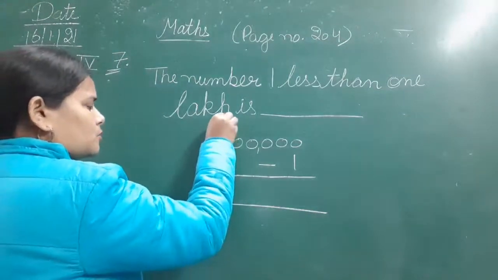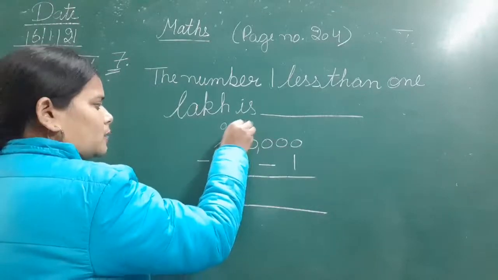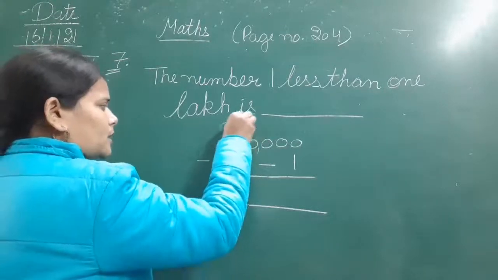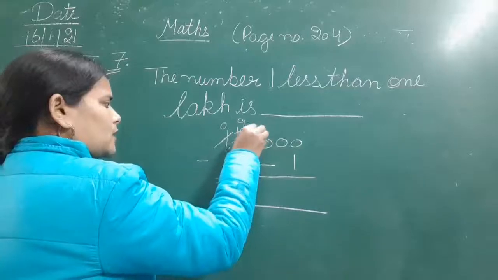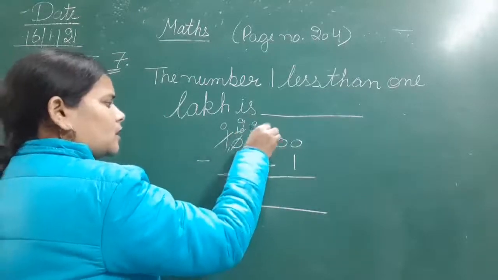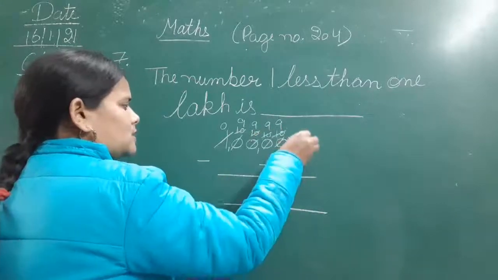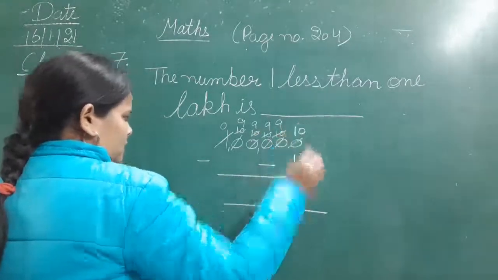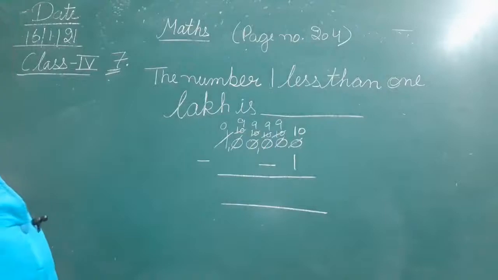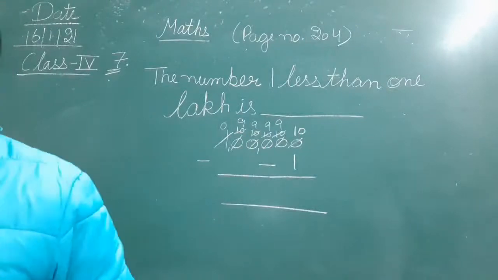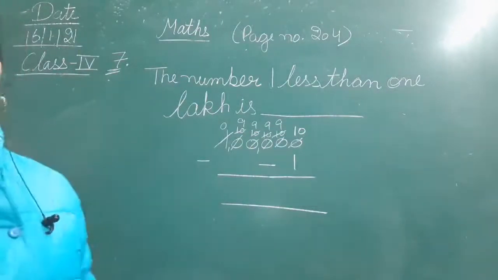It will become 10. When you give 1 to this, it will become 9, and this will keep passing on, so all will become 9 and this will ultimately become 10. This is a simple subtraction that you have been doing from the very beginning of school.